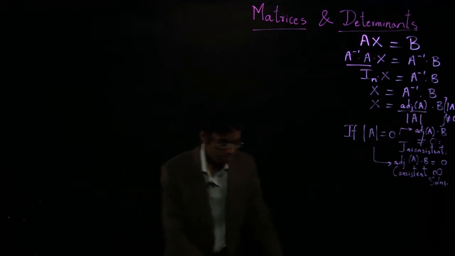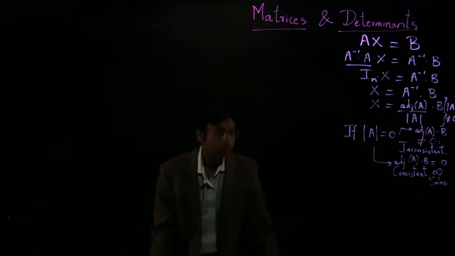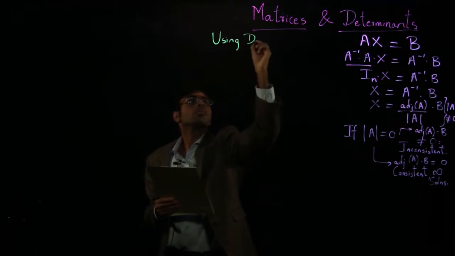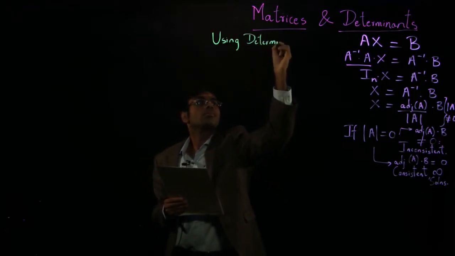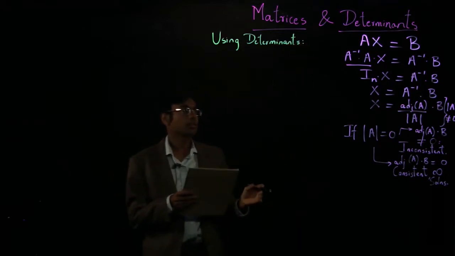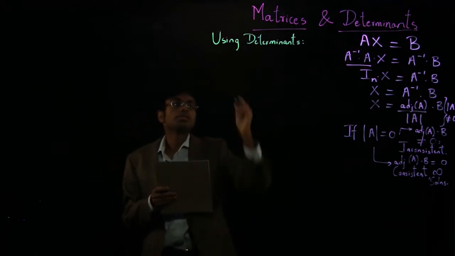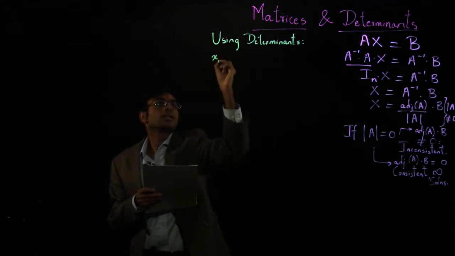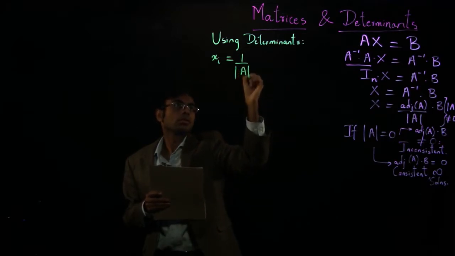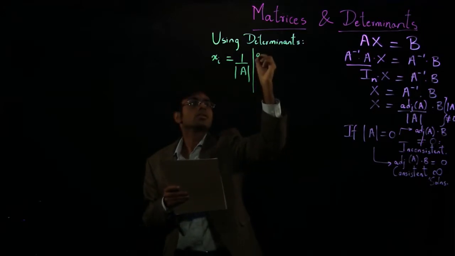A second way is using determinants, or what is known as Cramer's rule. For the same system of equations Ax equals b, the solution for each unknown variable is given as xi equals 1 over determinant of A times this determinant.